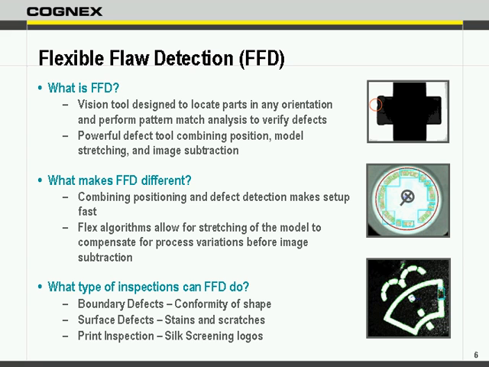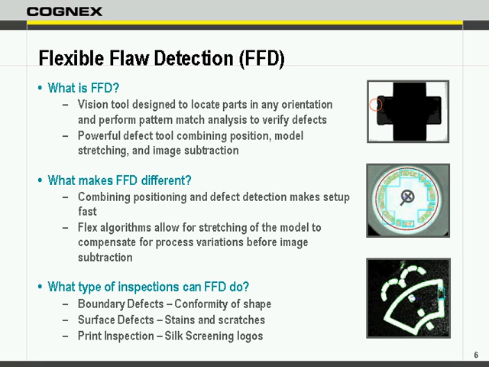And there is flex built into that process so that when you find the part, you can then figure out how is this part different from the original. And you can use parameters to say how much flex is okay. And the model will actually flex to fit your new part, and then from there the defect detection will be done.